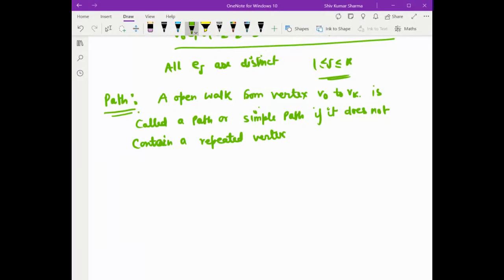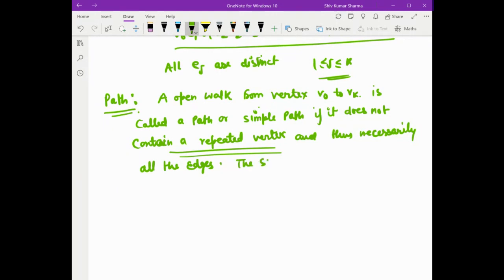So here you understand, in a path it does not contain a repeated vertex, and thus necessarily all the edges are visited.